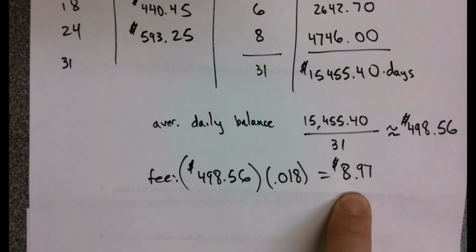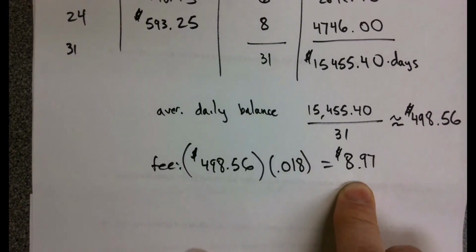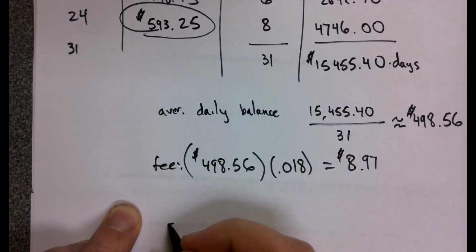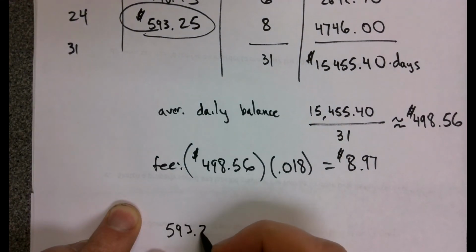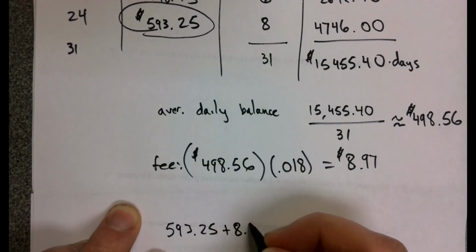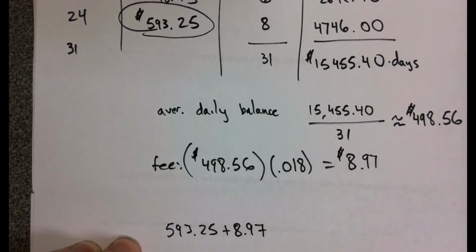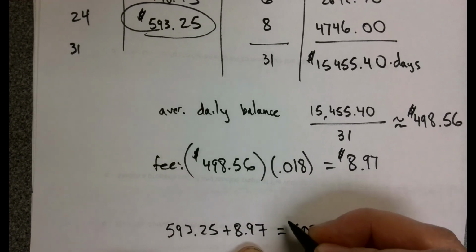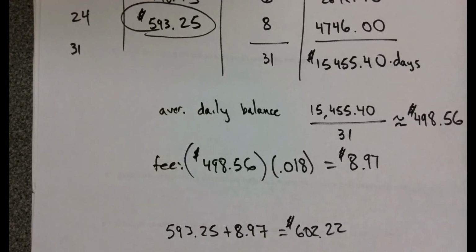So the company is going to charge us $8.97. So we take the ending balance, which was this, 593.25, and we add to it the 8.97, and this becomes the new balance in the next month. And it's what we now owe the credit card company, 602.22. And that is the average daily balance method.